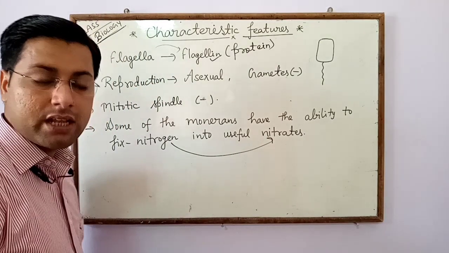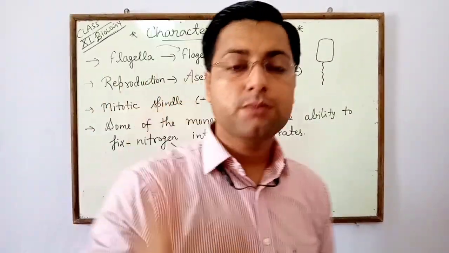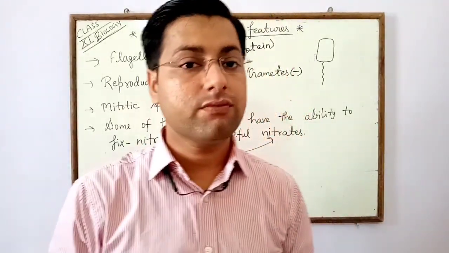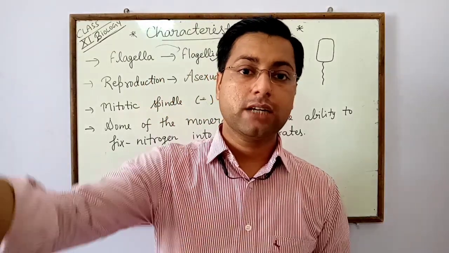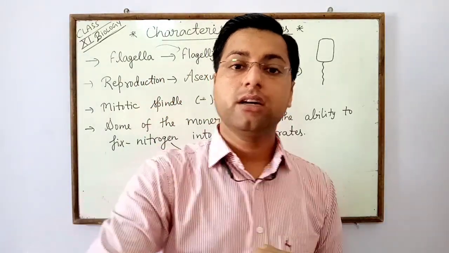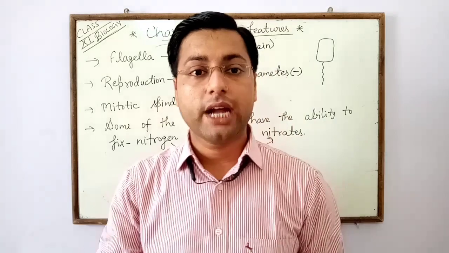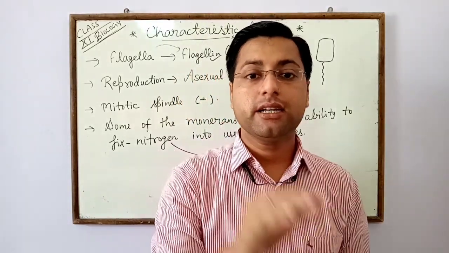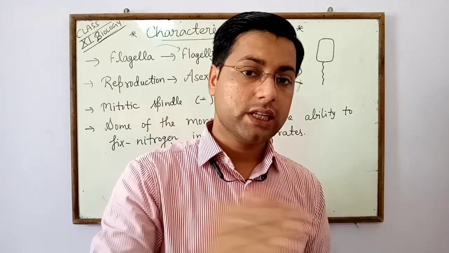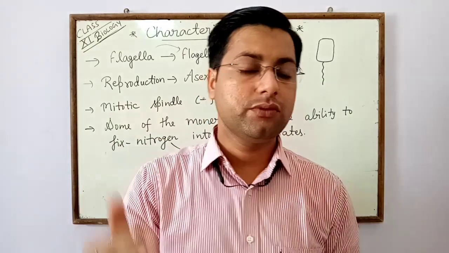It means that some monerans are responsible for nitrogen fixation. They fix atmospheric nitrogen and convert that nitrogen into nitrate, and that nitrate is utilized by plants in the preparation of their food material.